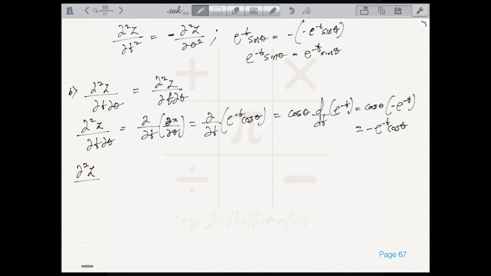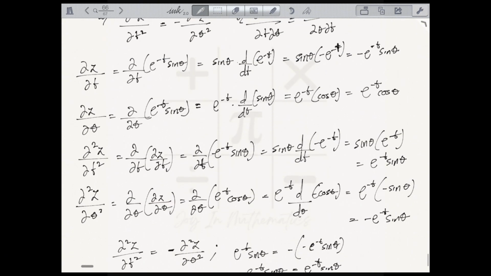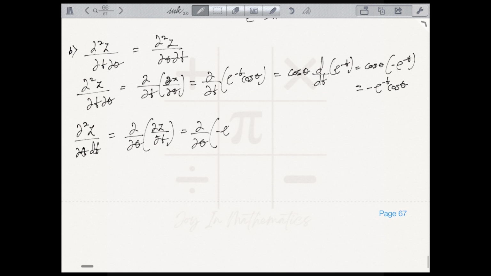And likewise, let's do the same for ∂²z/∂θ∂t. And this is ∂/∂θ of ∂z/∂t. That is differentiating partially with respect to θ, and our ∂z/∂t, as we have seen earlier, is minus e^(-t) sin θ.